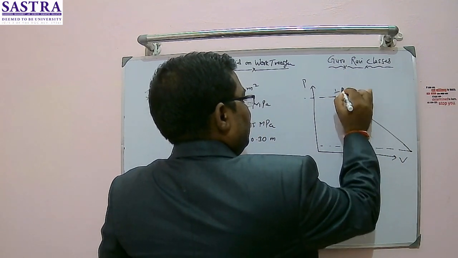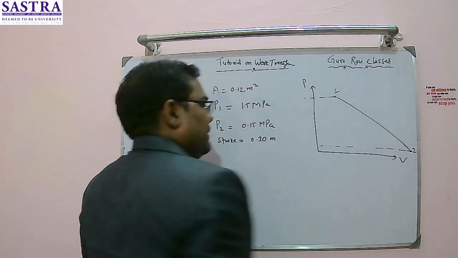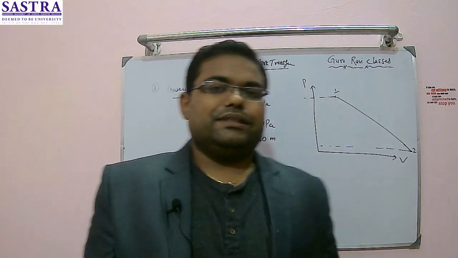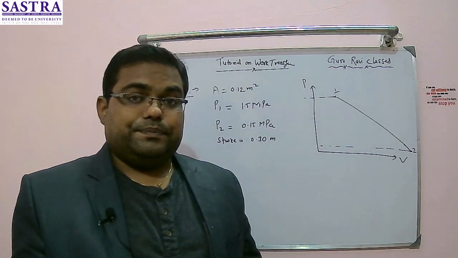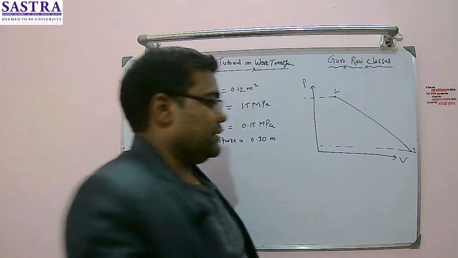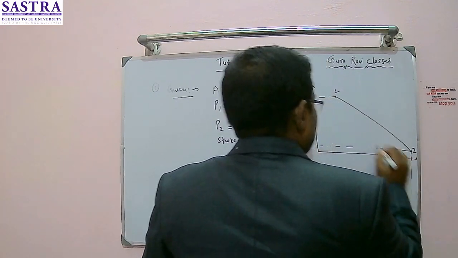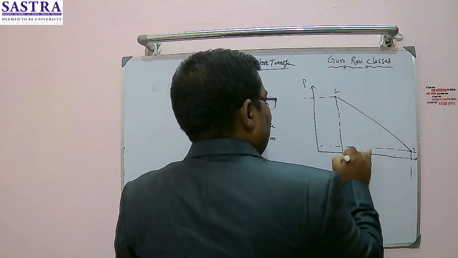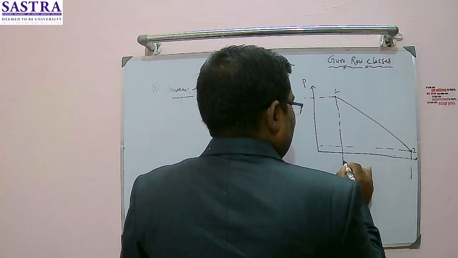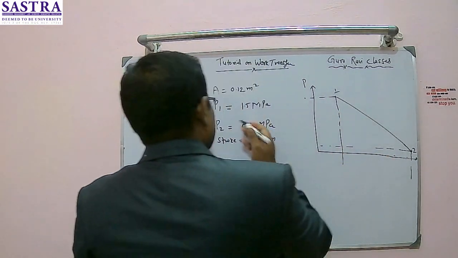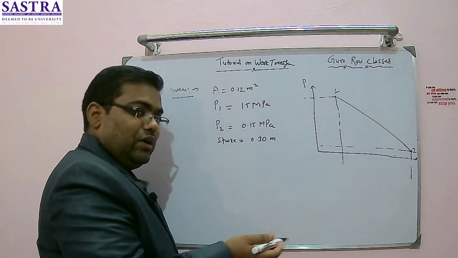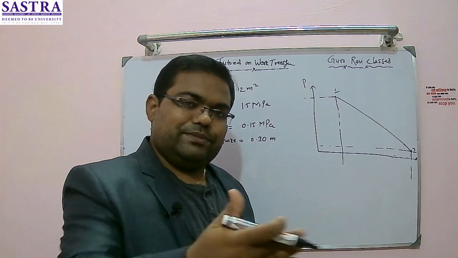By the nature of it, we can say the pressure is decreasing, which means it is an expansion process. So the piston started from here and goes up to here. The stroke length was given as 0.30, so how much is the displacement volume?